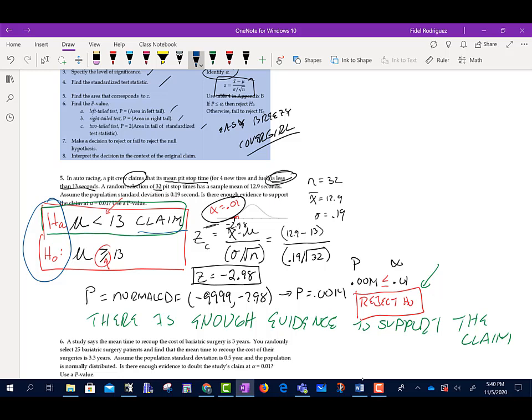Once we do that, we look for our test statistic Z, the standardized test statistic. Then we find the area that corresponds to Z, and then we compare the P and the alpha. Then we interpret the decision: is there enough evidence to support the claim or not enough evidence to support it. We'll be able to figure all those things out.